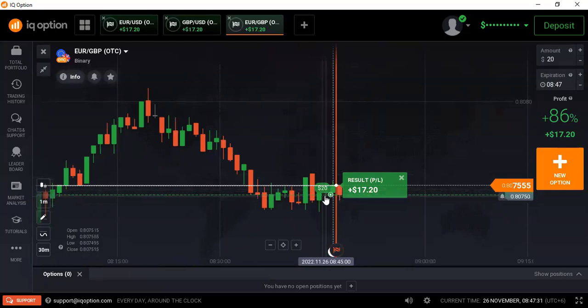So when this doji candlestick formed here, this was my confirmation that a doji candlestick exactly above the support level acts as a reversal sign. That means the market will go up. If this doji candlestick formed below the resistance level, it would fall down. That means the next candlestick will fall down. So this was my confirmation. That's why I placed my trade exactly at the round number level here to the upper direction. After 1 minute, it closed above my entry point and it was my winning trade.